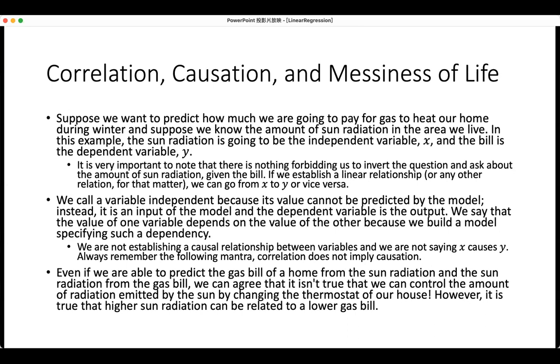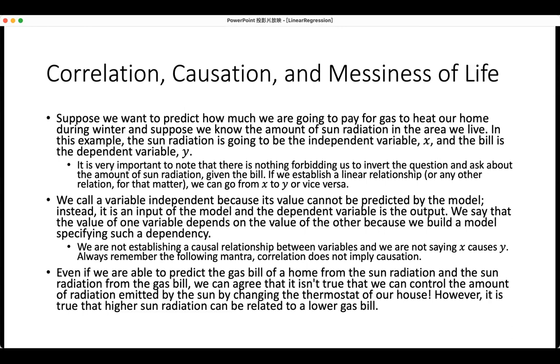So we say that the value of one variable depends on the value of the other. This shows a correlation, so the model basically builds a dependency between two variables.